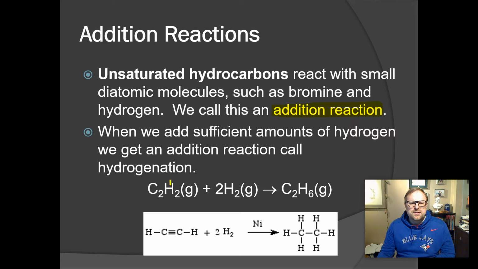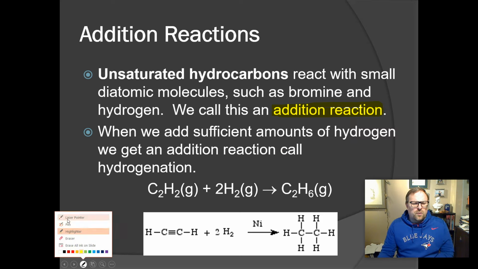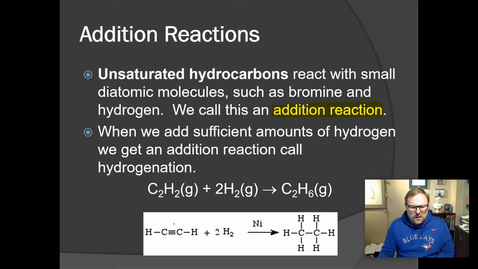And really, guys, it's super, super important to be able to recognize this. If you have an unsaturated hydrocarbon that's reacting with a small diatomic molecule, it's an addition reaction. And how it works is relatively straightforward, okay? So I'm going to get my right pen color here. Imagine down here at the bottom where we have ethyne, that's what we're dealing with.